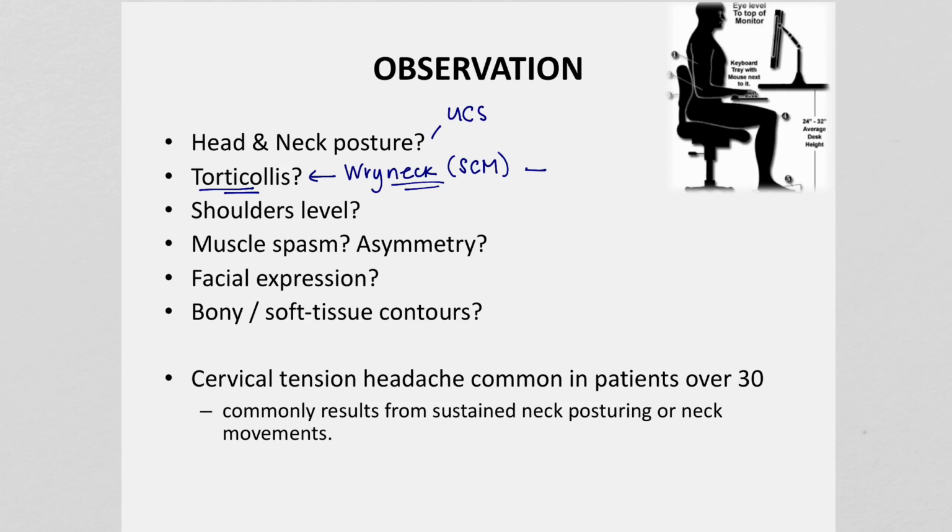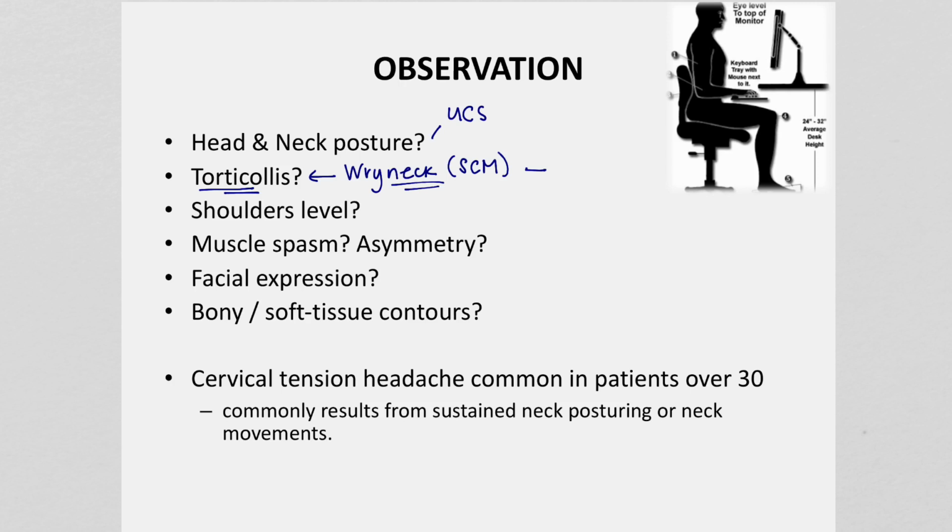Or is it rotated or tilted to one side or the other, which indicates a torticollis, which we already talked about, right? So main thing is the head actually in alignment? The other thing that we have to consider with head and neck posture is if it's not in alignment, is that normal for that particular patient, or is that because of the actual injury that the patient is presenting to us with, right?